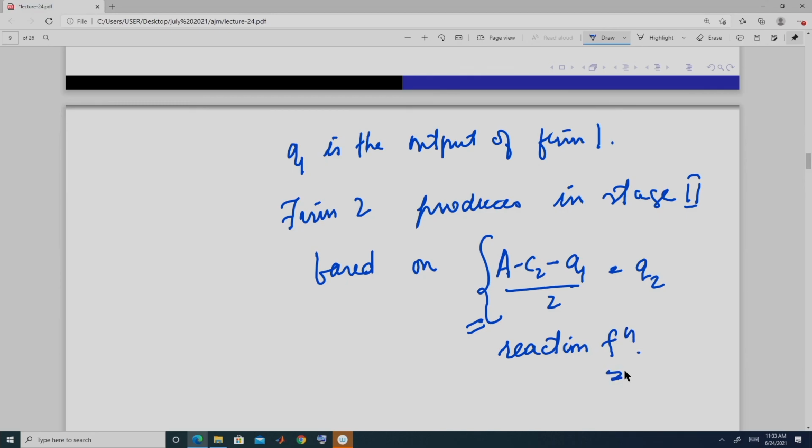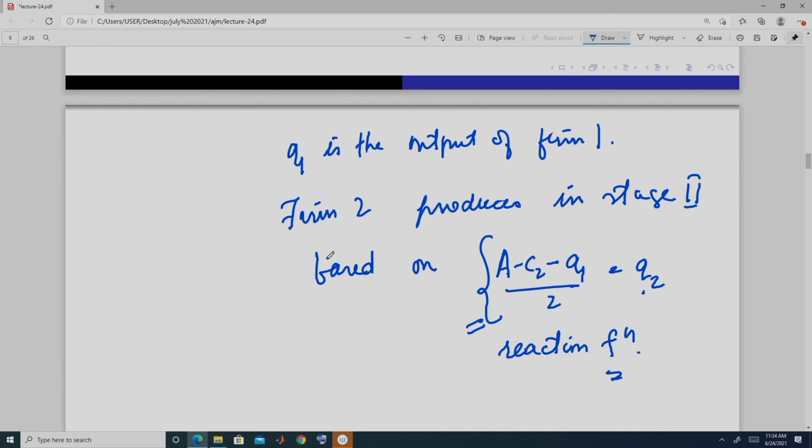So, this is the outcome in stage 2. This is the optimal. When firm 2 decides its output, it always decides based on this reaction function.